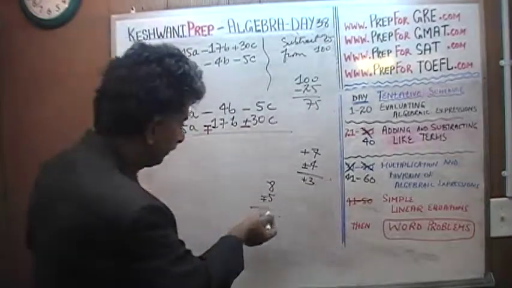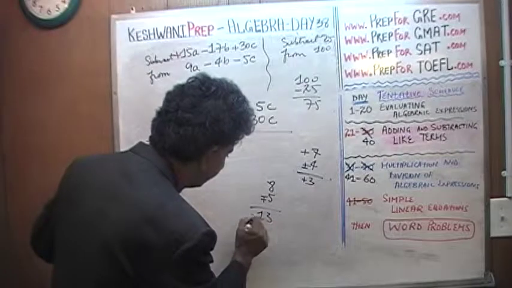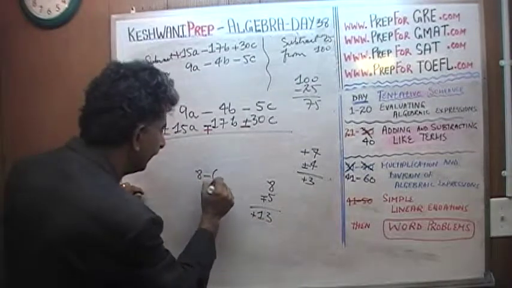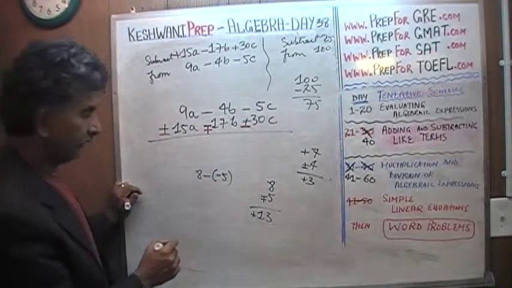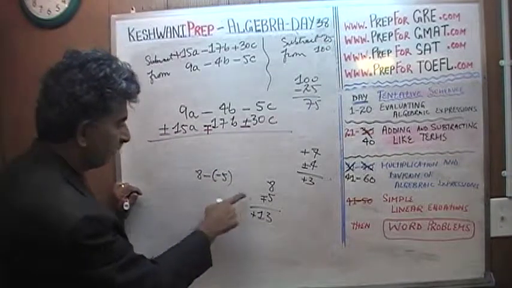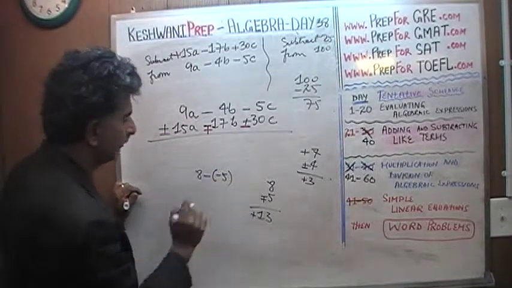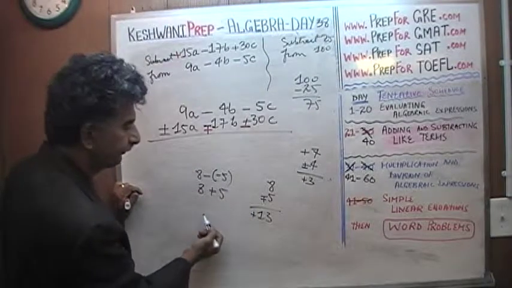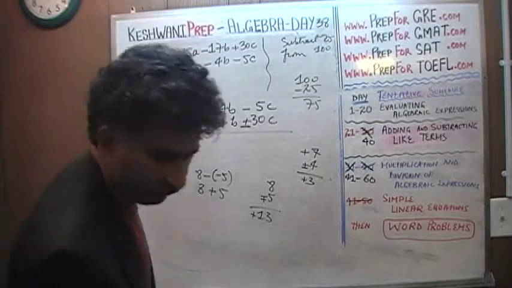And at this point, all you have to do is just add them. It's positive 13. You see? 8 minus negative 5. Because you're subtracting, negative times negative becomes positive. This negative will disappear and it will become positive. And positive 13 is the answer.